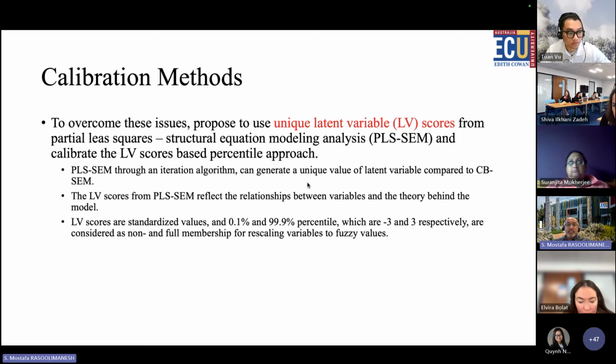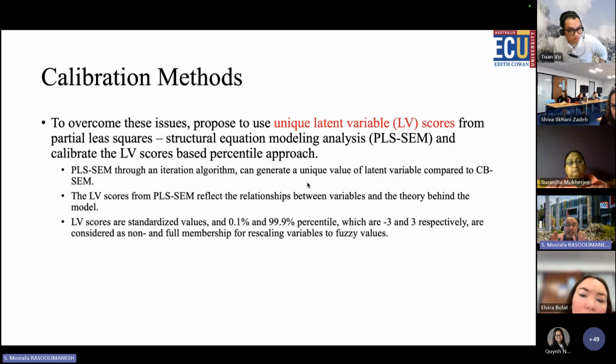And 3 covers 99.9% of all values that we have. So we propose this for calibration using the PLS-SEM latent variable score.